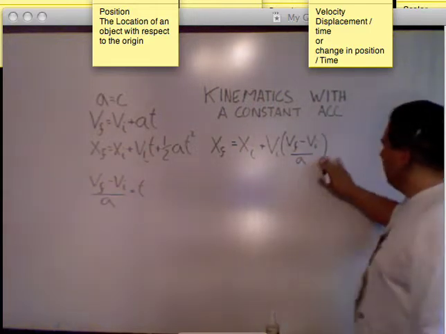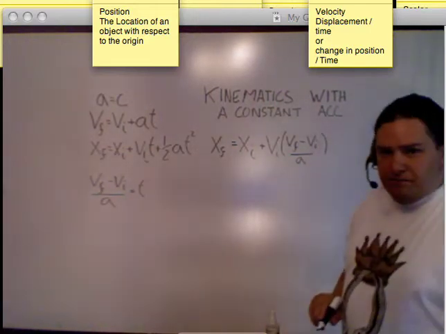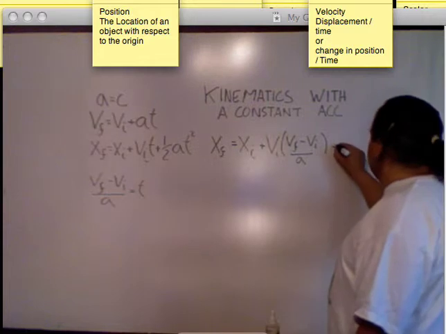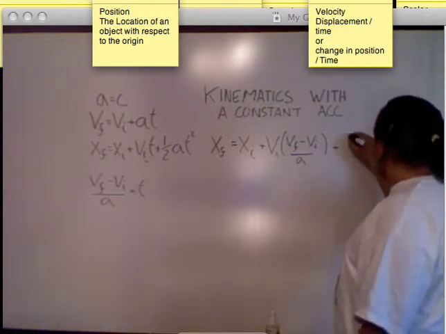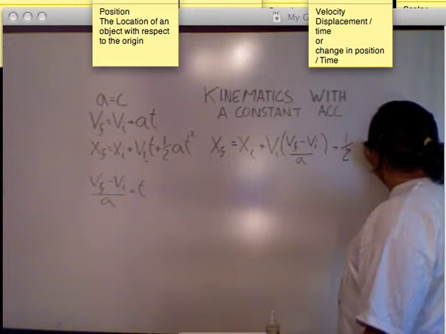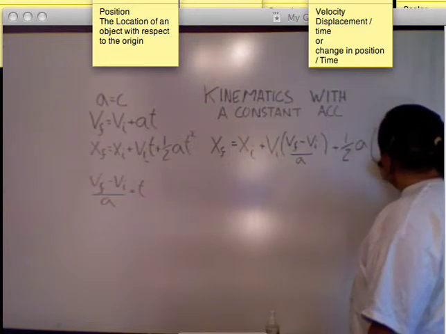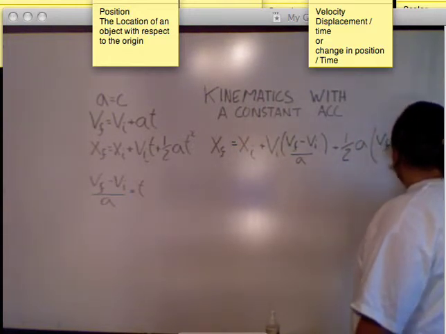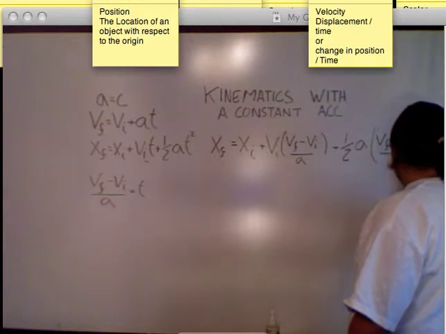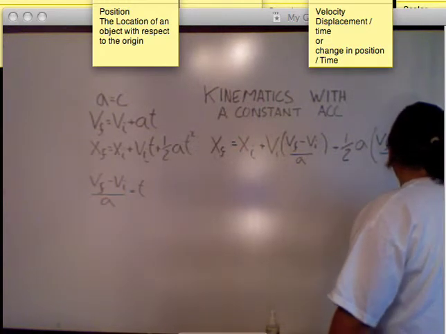Just substitute it in for time, plus, here's where it gets really big, 1/2 a times v final minus v initial over a squared.